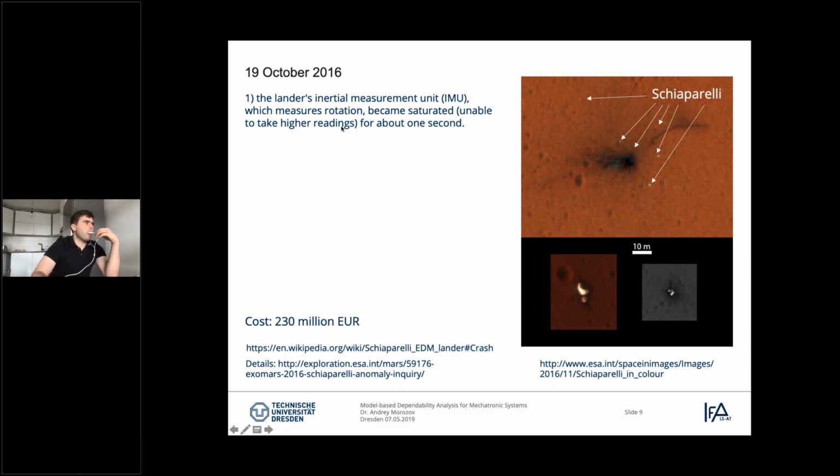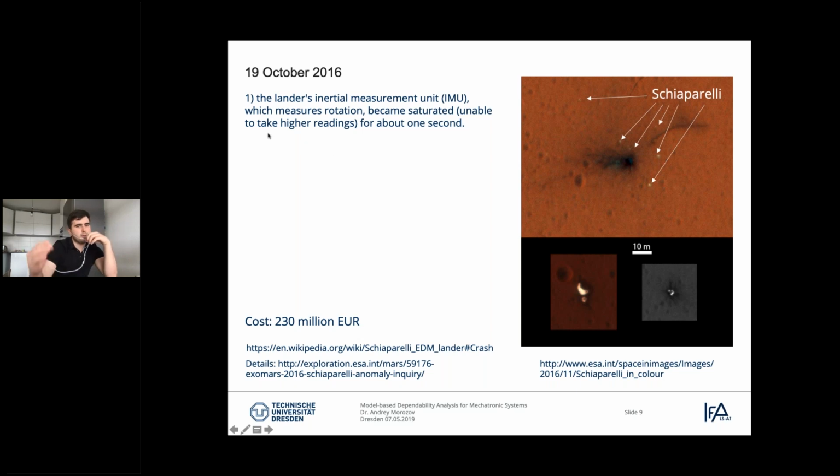What has happened? The lander has a so-called inertial measurement unit. It is basically a sensor that estimates the position and the acceleration of the unit in space, the accelerations on three axes, and also angles. There was a fault on the sensor, and the sensor became saturated.